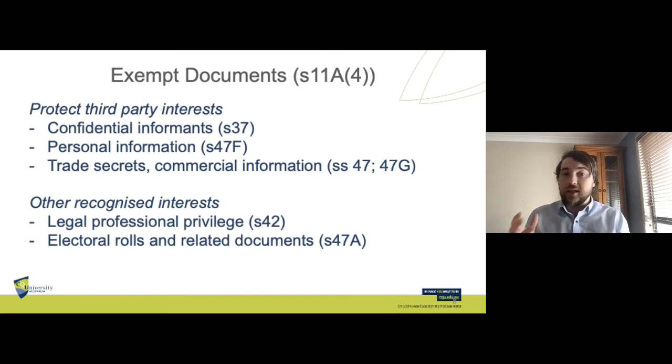Other things like the electoral rolls, so your personal details on the electoral roll can't be made public via a freedom of information request, and related documents like that can't be as well. Again, there's quite a comprehensive list in the Act that you do need to have a look at as well.